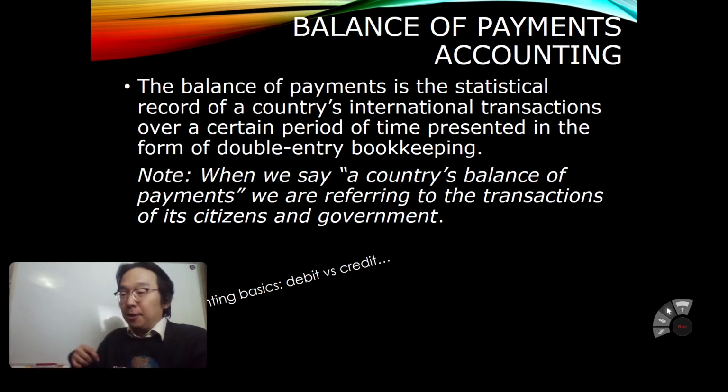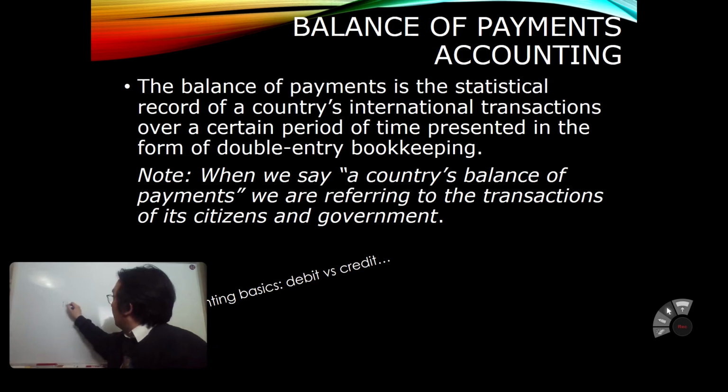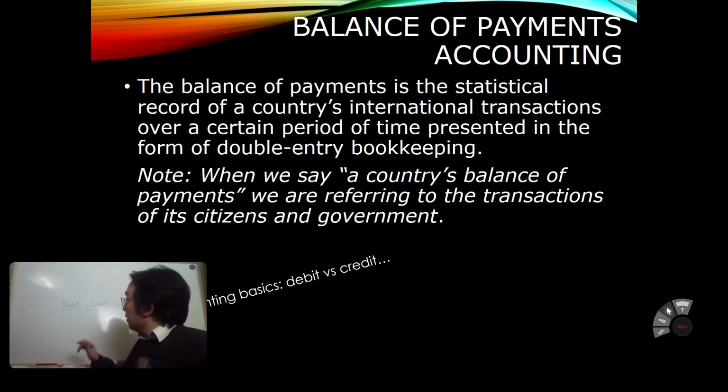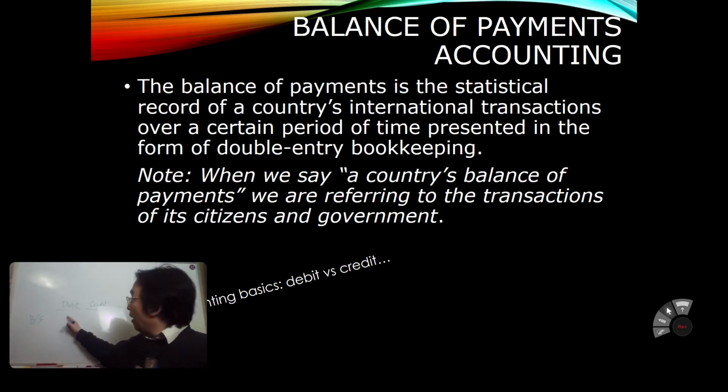So, let's see. Remember these things, right? Debit and credit. And balance sheet, okay, balance sheet. What did you have in your debit? You had assets, and in credit you had liabilities and equities.